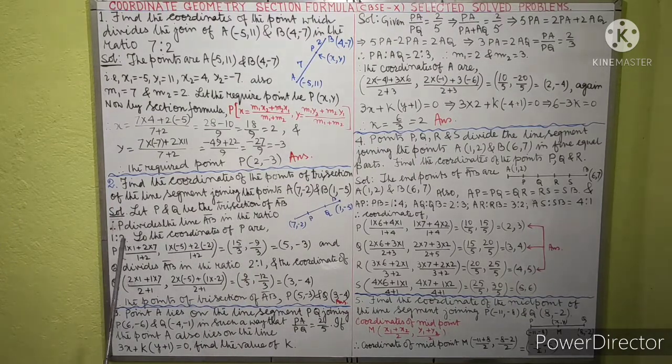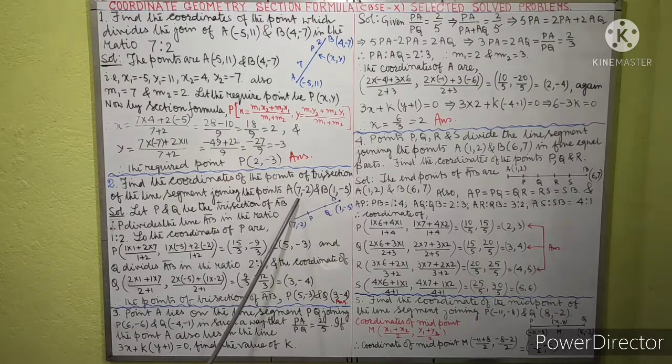Second question. Find the coordinates of the points of trisection, that means three equal parts, of the line segment joining the points A (7, -2) and B (1, -5).